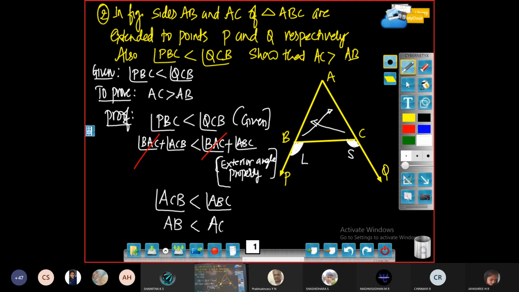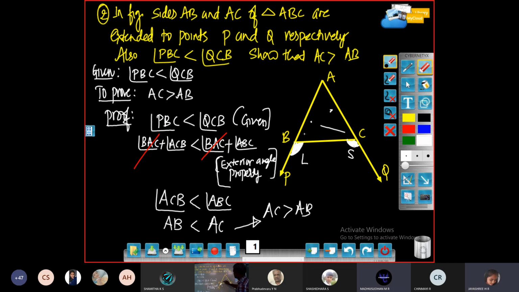AB is smaller than AC, which means what we need to prove here: AC is greater than AB. Both have the same meaning, so AC is greater than AB. Is it clear? Yes, sir.